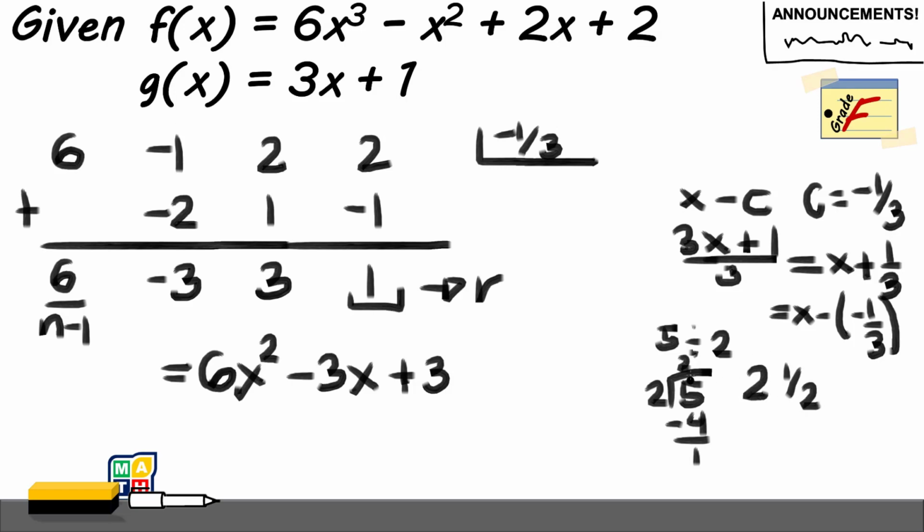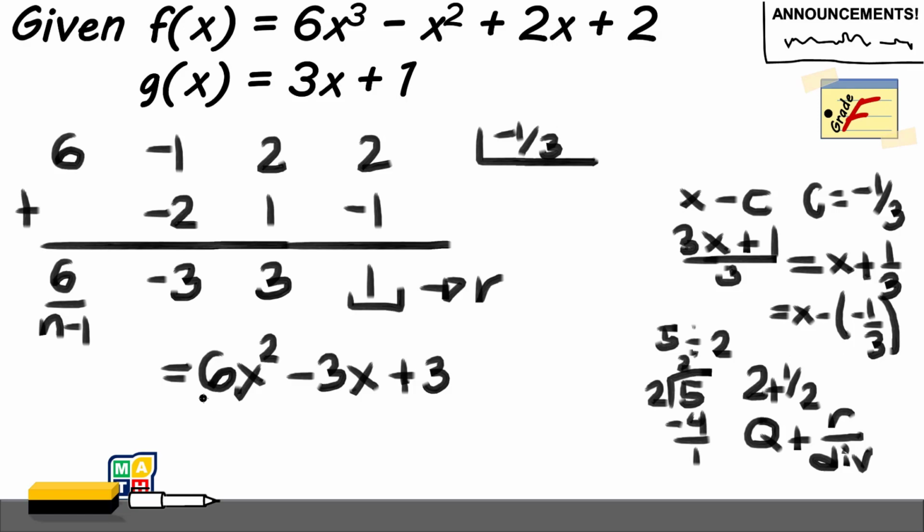Where this 2 is your quotient, this 1 here is your remainder, and this 2 is your divisor. In short, you can write your answer in this manner. Q, your quotient, plus your remainder over your divisor. Why plus? Because 2 and 1 half can be written as 2 plus 1 half as well. So your quotient plus your remainder 1 to be divided by your divisor 2.